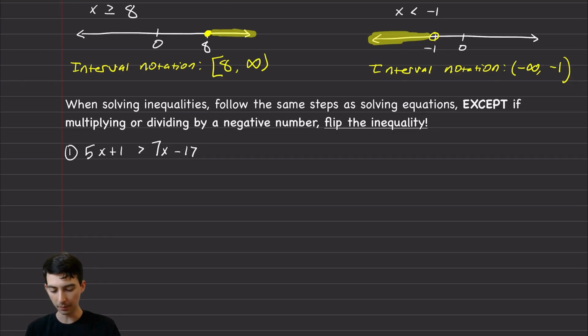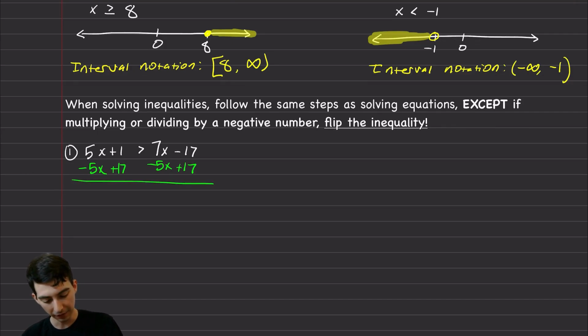To do that, I'm going to move my smaller variable term, which in this case is the 5x, and subtract it from the other side. Since all my variables are going to be on this side now, I need to move this 17 over. Since it's negative, I'm going to add 17 to both sides.